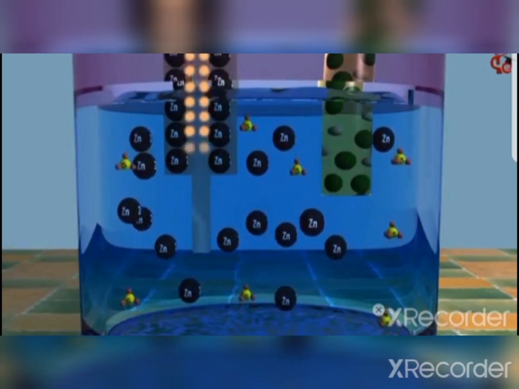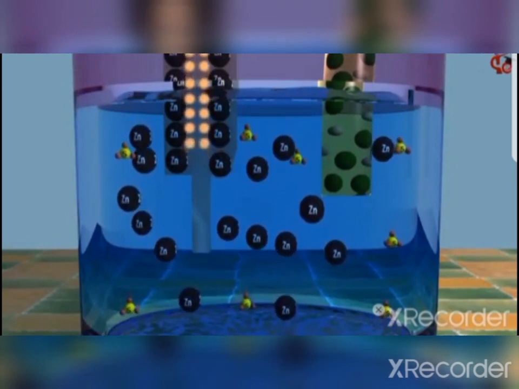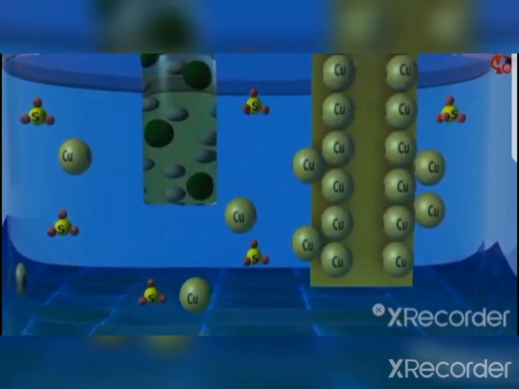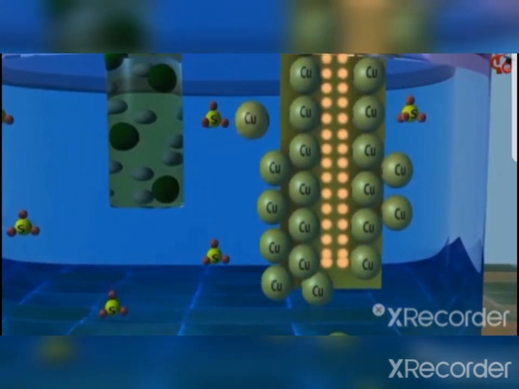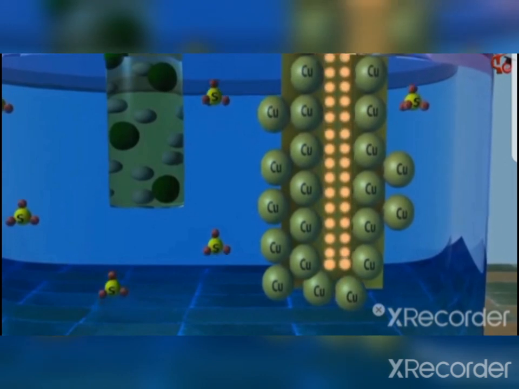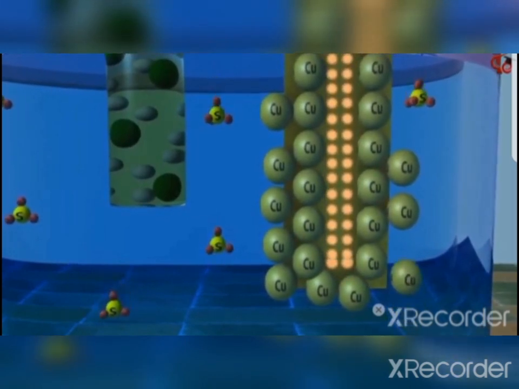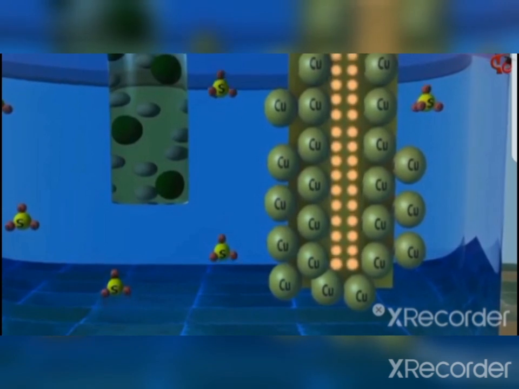As the reaction continues, an excess amount of positive zinc ions builds up in the zinc solution. At the same time, the loss of copper ions from the copper sulfate solution creates an excess of sulfate ions.